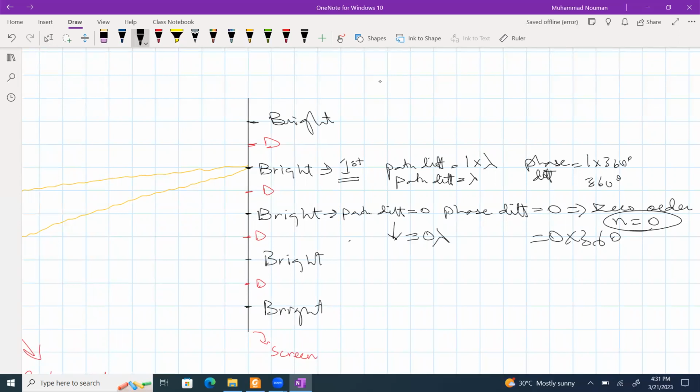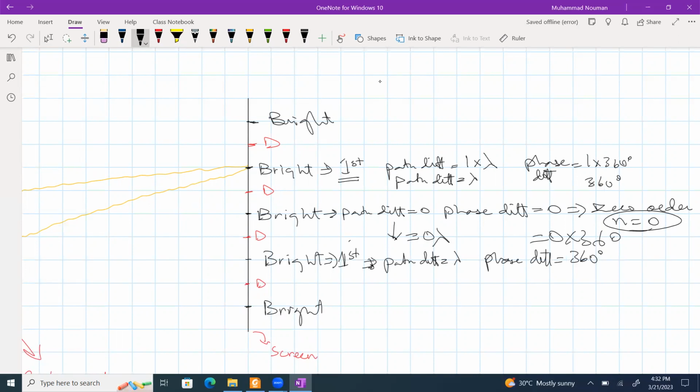This is simply called the first order bright fringe. This one is also called a first order bright fringe because it is symmetric. First order bright fringe: path difference is lambda, phase difference is 360 degrees.